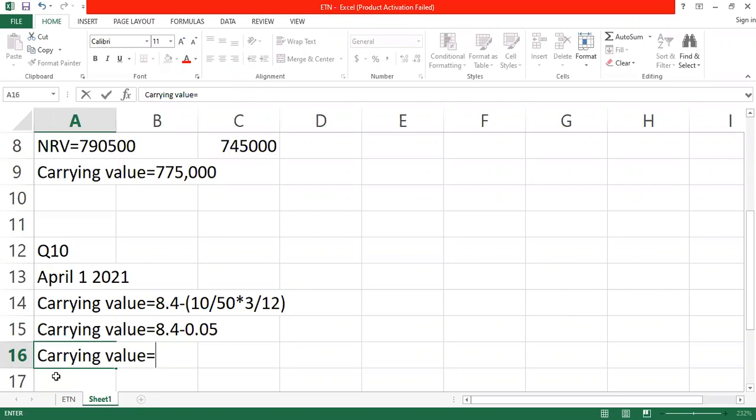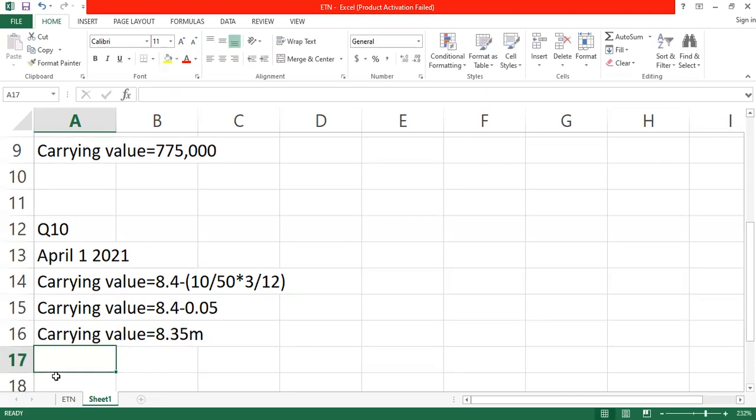So we can do the depreciation for the 3 months and take it from the carrying value at the beginning of the year. Every year the depreciation is 0.2, so the quarter is 0.05. I'm doing it in millions. So I'm getting 8.35 million. Am I correct?